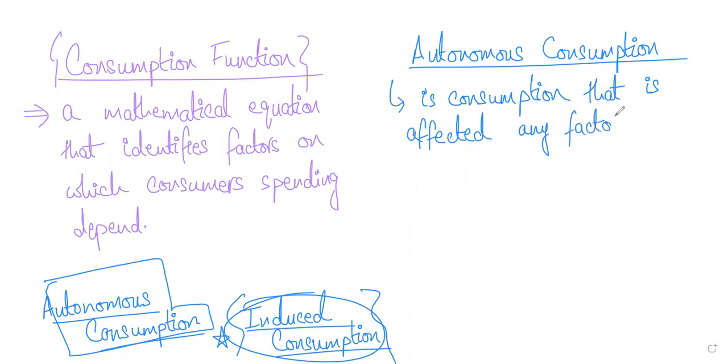Is this making sense? That is affected by any factor. अब ये शुरू में क्योंकि शुरू में तो हमें जो टर्मिनोलॉजी है उसके साथ थोड़ा सा यूज्ड टू होना है, बाद में आप ज्यादा कंफर्टेबल हो जाएंगे. Is consumption that is affected by any factor apart from income, right? So autonomous consumption is any consumption that is affected by factors apart from income.